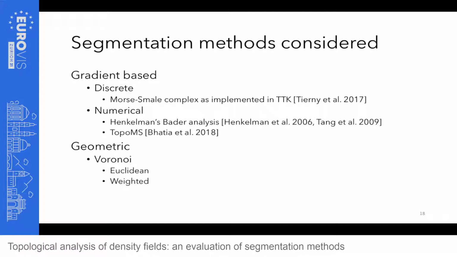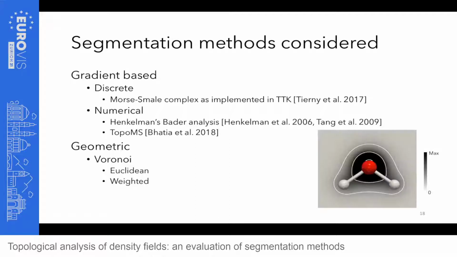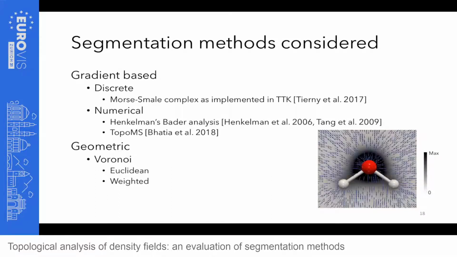To recall, we use 5 different segmentation methods in this case study. Some of these methods have been developed in the domain of computational chemistry, while some are from the visualization domain. Have a look at the charge density for H2O. The maxima in this charge density field correspond to the atomic centers. The gradient-based methods consider the gradient of the charge density field.